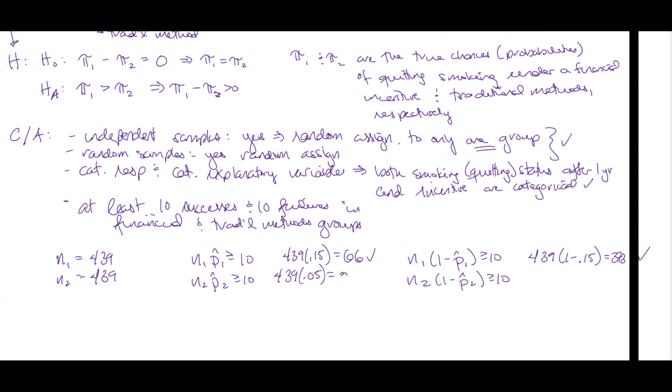So 22 people quit in the traditional methods group, and everyone else in that group, or 95% of them, did not quit, which is 417, which is way more than 10. So we have a large enough sample in order to use the normal distribution. So we do have large enough samples for the z-test to be valid.